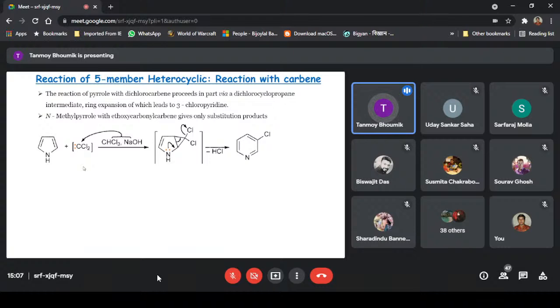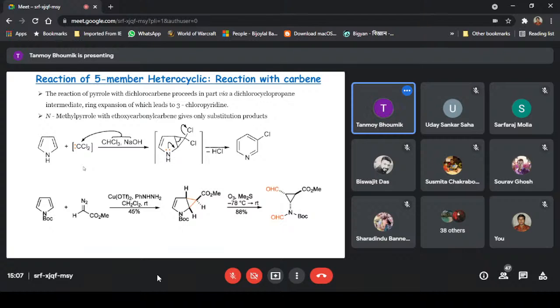And as a result, what happens? The nitrogen lone pair participates, and it immediately opens up the ring which was already blocked. So this type of reaction, and similarly with this nitrogen containing ester molecule, whenever you consider it, different reactions also come into this.